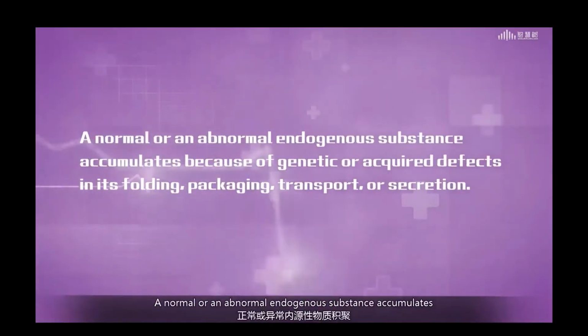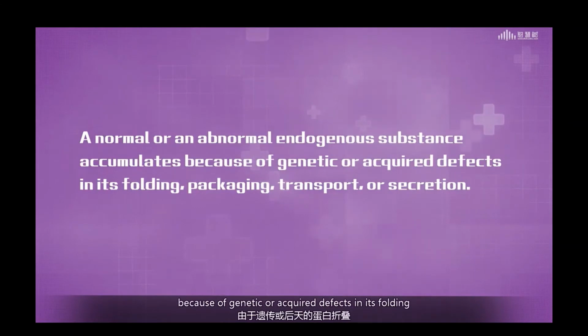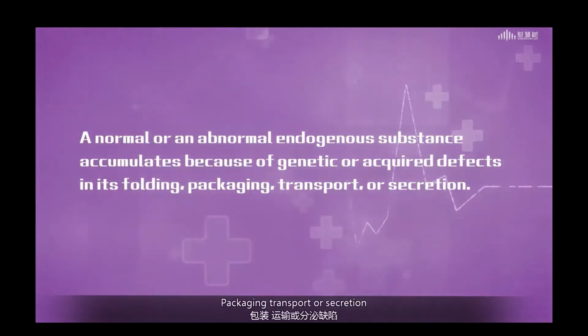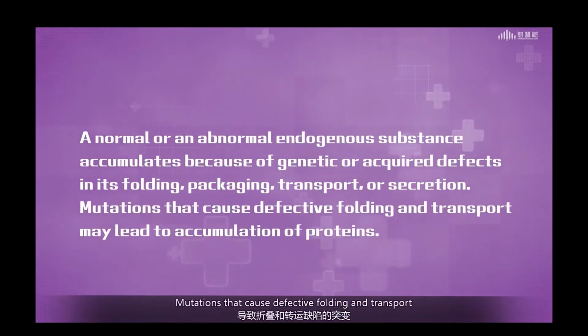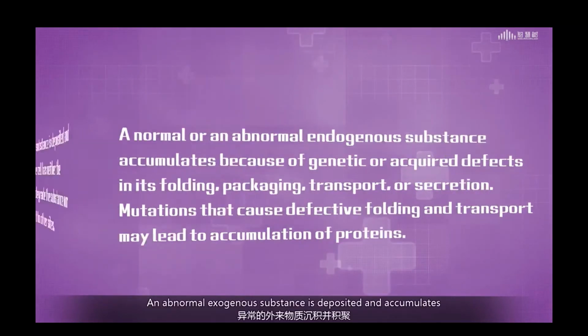Second, a normal or an abnormal endogenous substance accumulates because of genetic or acquired defects in its folding, packaging, transport, or secretion. Mutations that cause defective folding and transport may lead to accumulation of proteins.